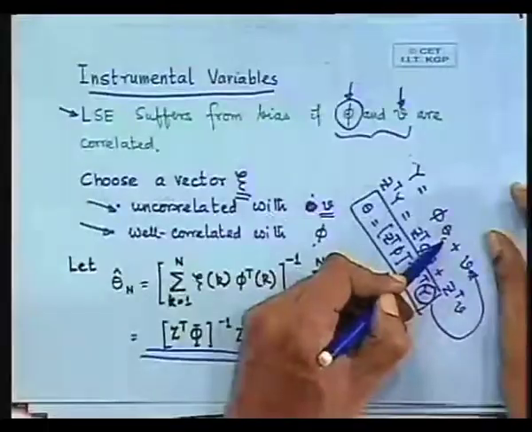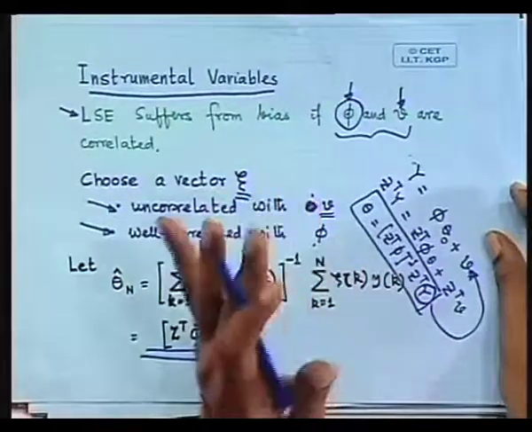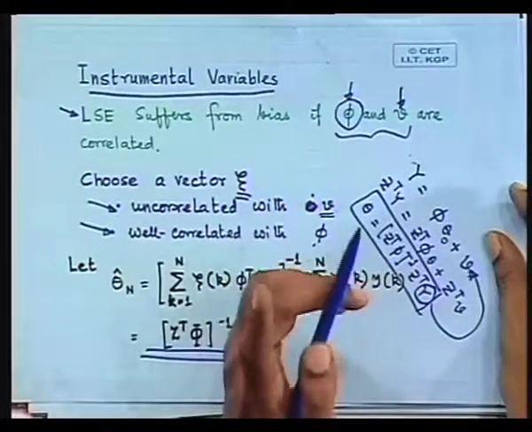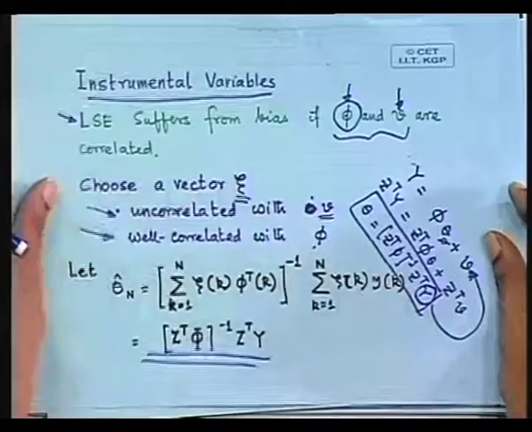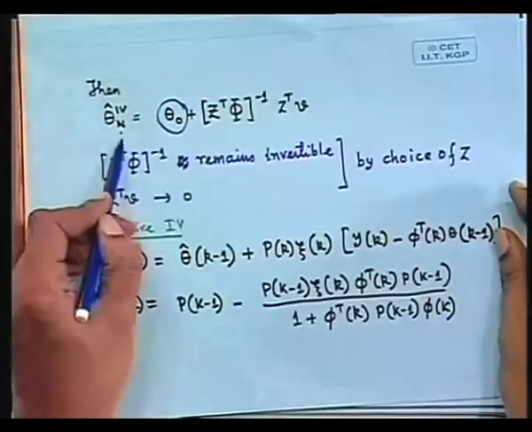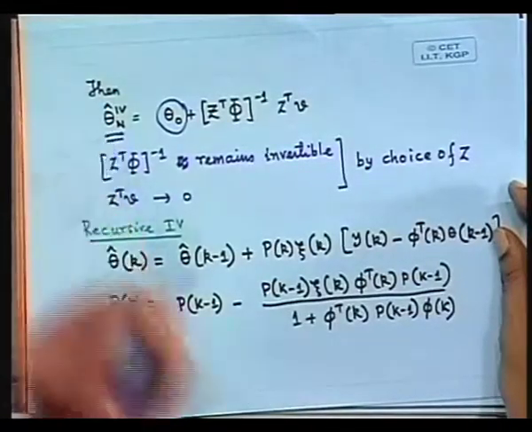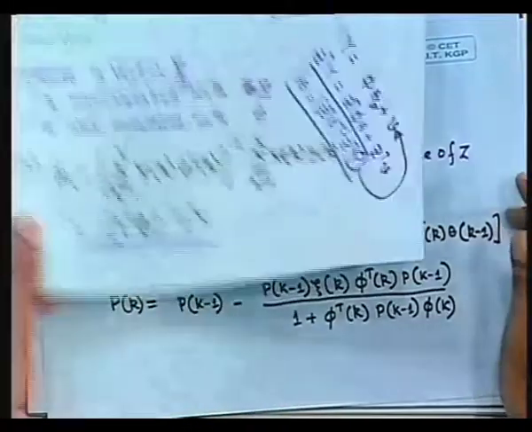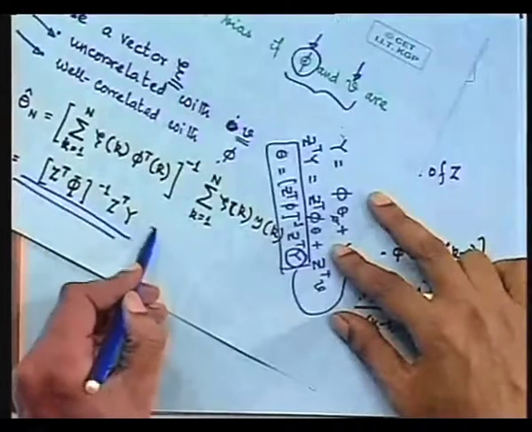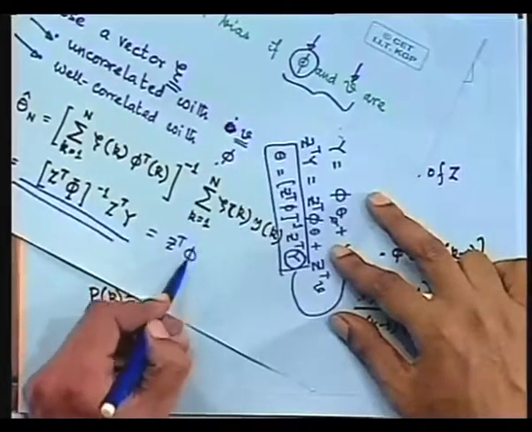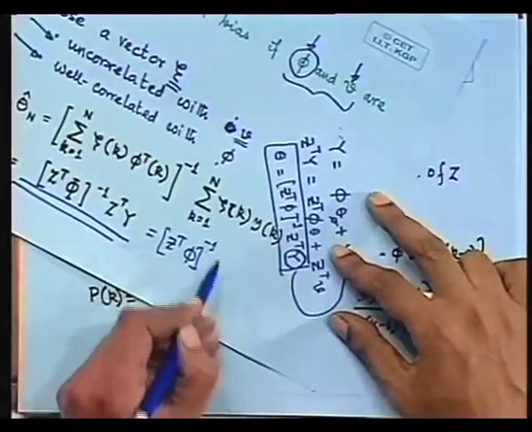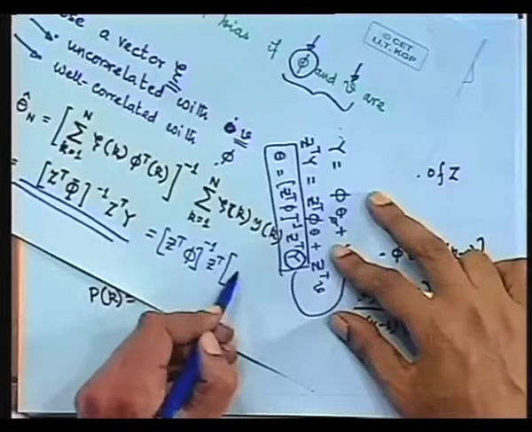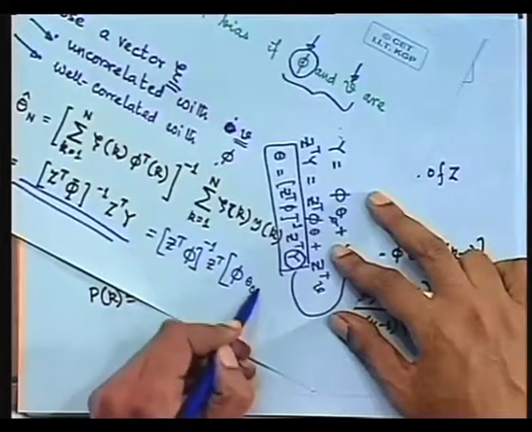So if your data was generated by the system using the same model form but using some true unknown parameter theta naught, then the instrumental variable estimate can be shown easily, just by substituting y, as Z transpose phi inverse Z transpose into phi theta naught plus v.